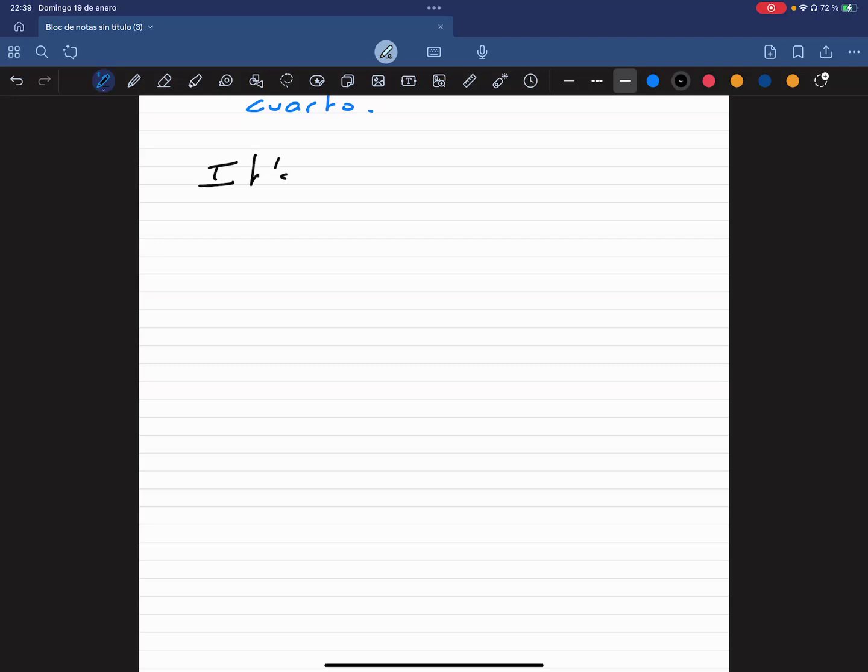More times. It's 20 past 1. So we are talking about 1. Remember that every time we talk about 1, it's not son las anymore. We say es la, and then una, always feminine, y 20.